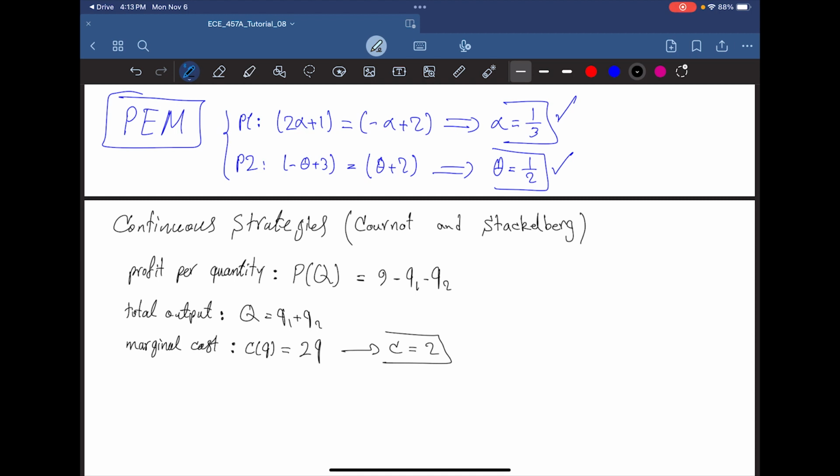Cournot competition method, actually. So in this case, let me write down the payoffs as well, because for Stackelberg and Cournot, they're the same.